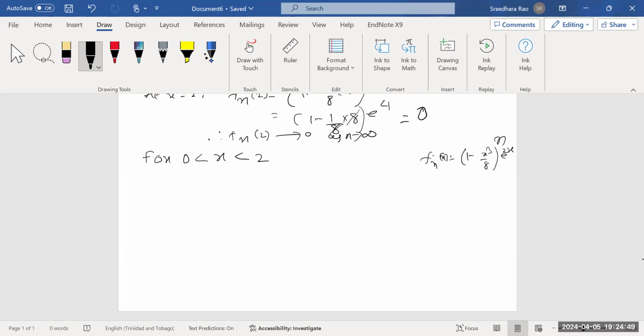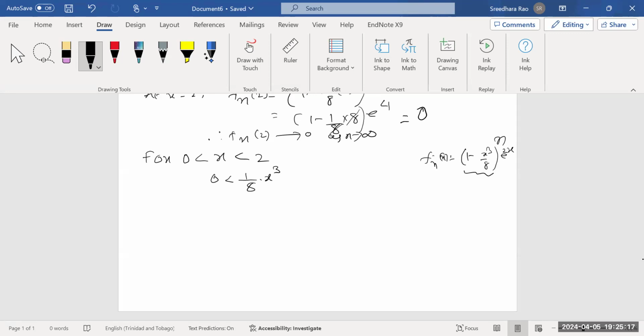Now you have to verify what this value is when x is between 0 and 2. So come on, tell me. What about 0 less than 1 over 8 times x cube? Because your x is a member of 0 and 2.